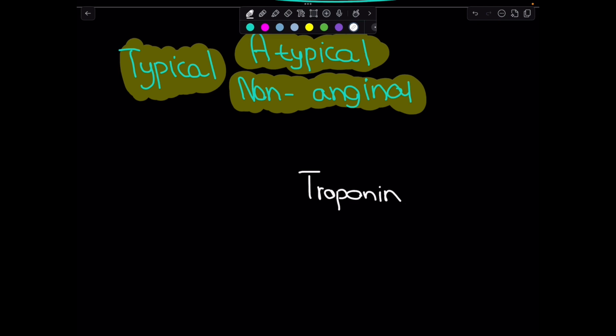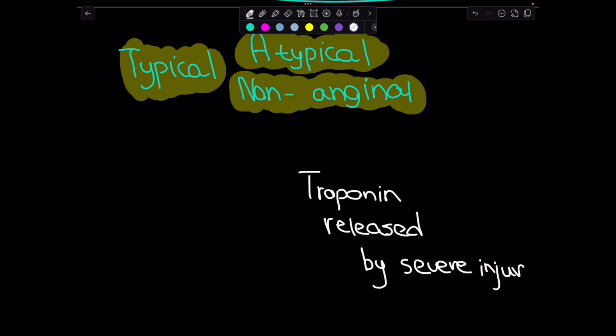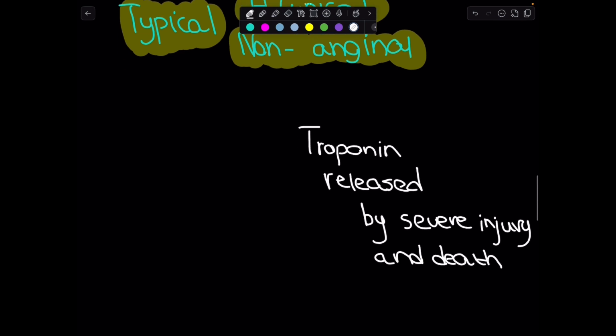But it's only released when there's death. Not exactly. Troponin can be released from both heart muscle cell death and severe injury without complete necrosis, as ischemia damages cell membranes, allowing troponin to leak into the bloodstream. Elevated troponin levels, detected via blood tests, are thus a sensitive marker of myocardial damage.